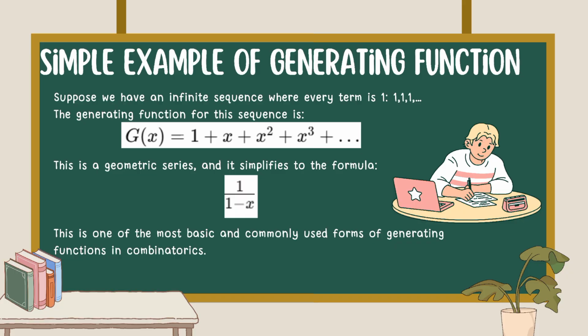Simple example of a generating function: suppose we have an infinite sequence where every term is 1: 1, 1, 1, 1. The generating function for this sequence is a geometric series, and it simplifies to 1/(1 - x). This is one of the most basic and commonly used forms of generating functions in combinatorics.